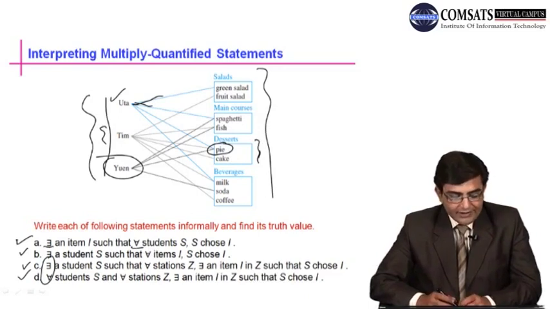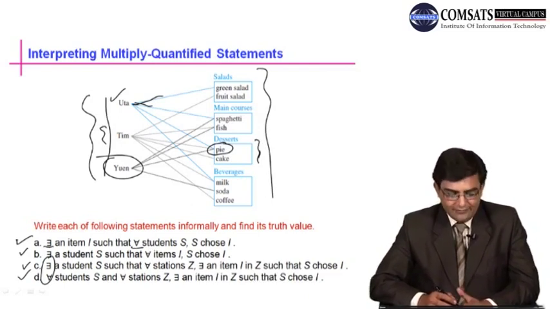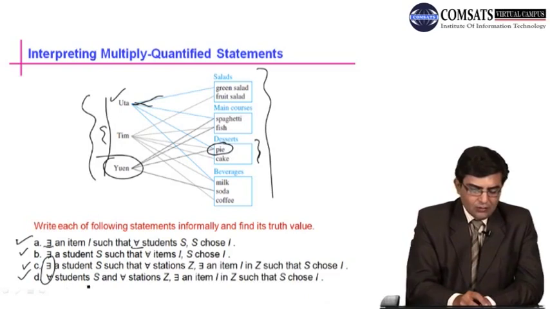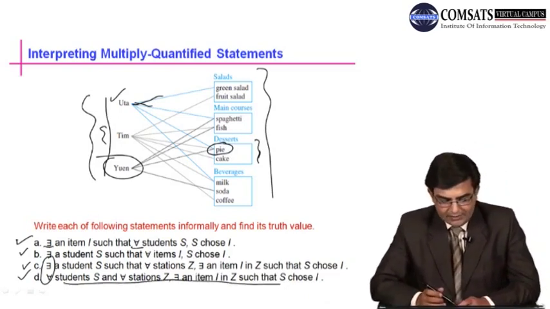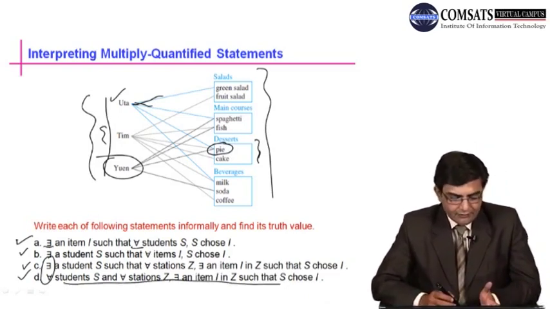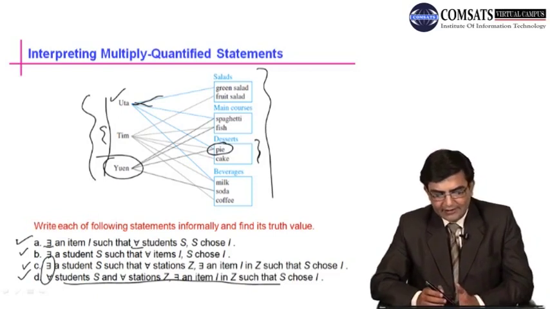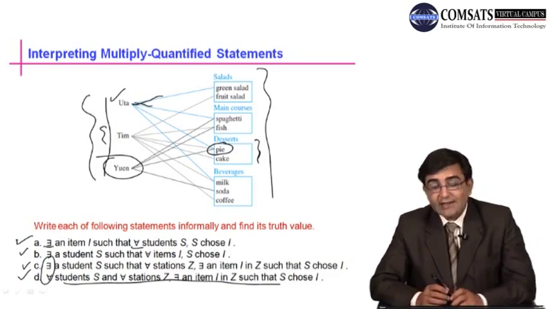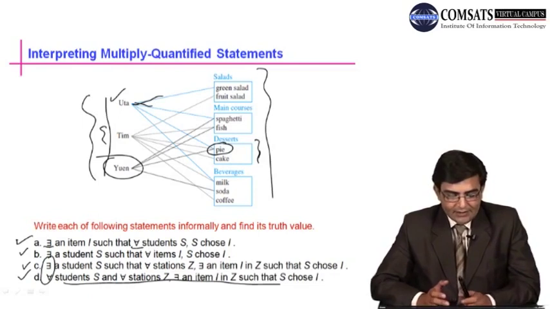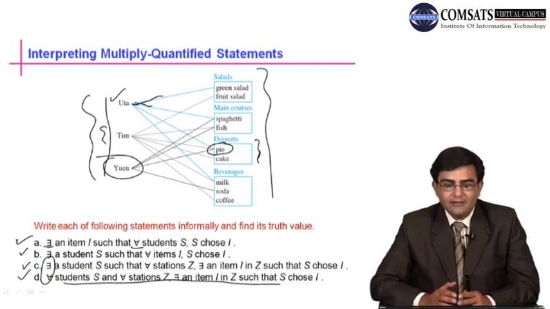So the statement D is: every student has chosen at least one item from every station. This is how we can write this statement informally. It is given for all students S and for all stations Z there is an item I in Z such that S chooses I. It means that every student has chosen at least one item from every station.